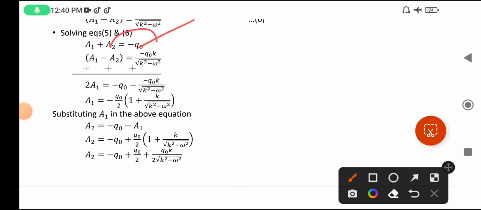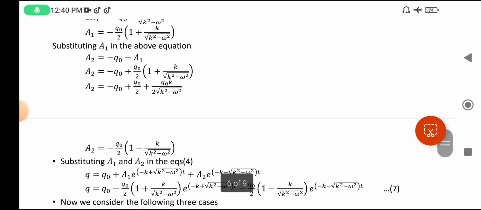First bring a1 to this side. Then we can write like this, and substitute the a1 value, which we already got here. So a1 is minus, and with the minus here, minus minus becomes plus.